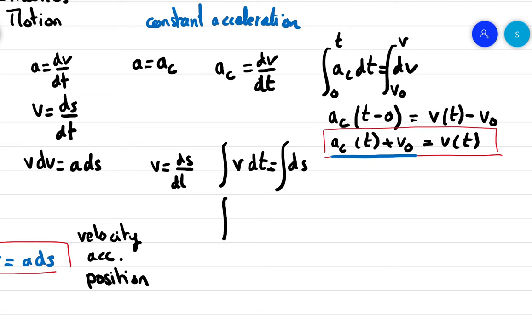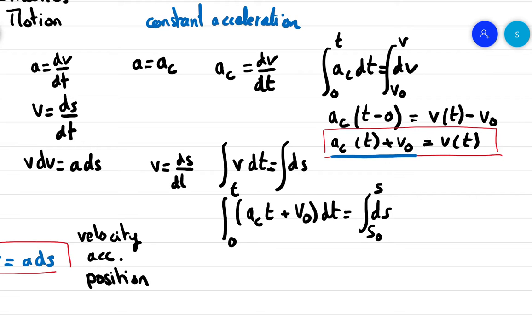So we have the integral of a_C t plus v naught dt, equal to the integral of ds. This is between 0 and t, if we begin at t equals 0, and between the initial displacement s naught and any displacement s.